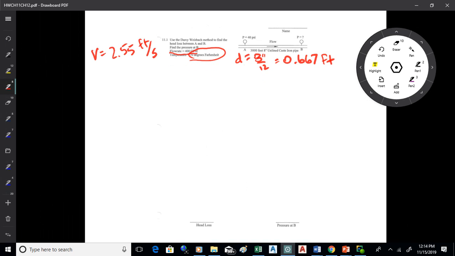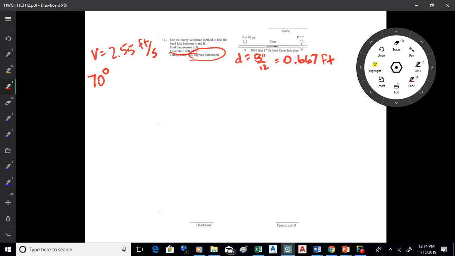Now we've got 70 degrees, so you need some information to look at turbulence versus laminar flow and get onto that chart to find friction factors and all that. So let's have a look.